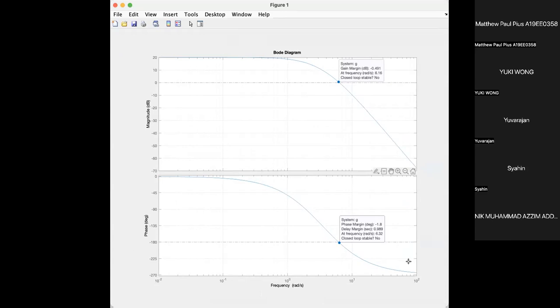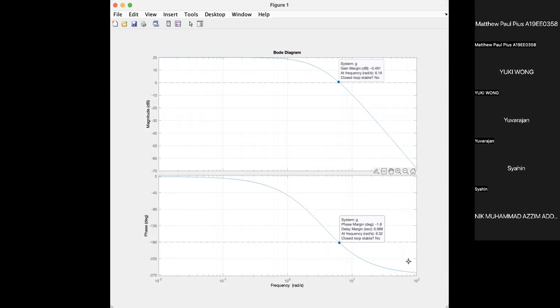The frequency is 6.32, and it will give you a gain margin of almost 0, and phase margin also 0, so it is considered marginally stable, where the frequencies are almost the same, 6.32 and 6.16.